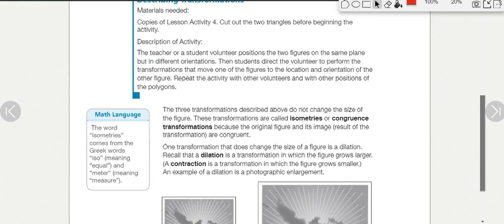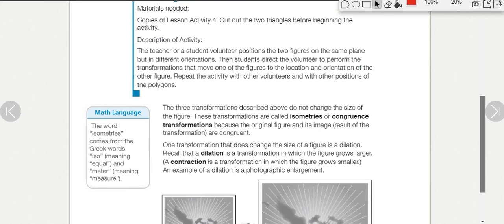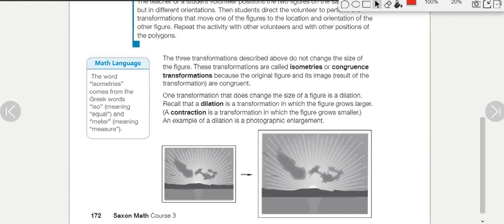When we don't change the size of the figure, the transformation is called an isometry, or a congruence transformation, because the original figure and its image are still congruent. But a dilation is where we change it so it's larger. Here's a dilation.